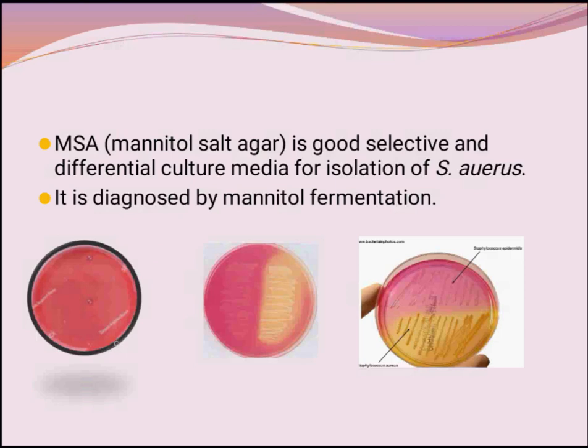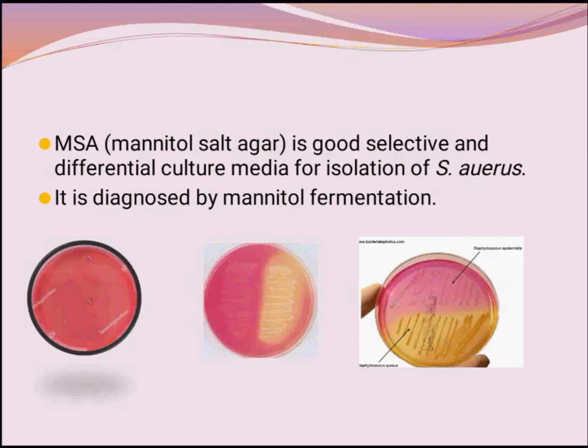The mannitol salt agar is a selective culture medium. Why is it a selective culture medium? It causes selection of the staphylococci. They can grow on this culture medium, while other microorganisms can't, because it contains a high salt concentration, which can be tolerated by the staphylococci.